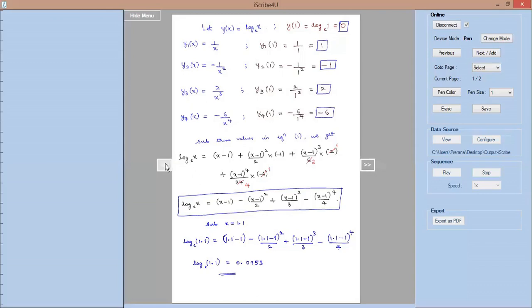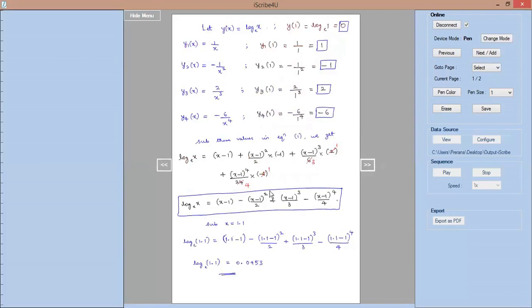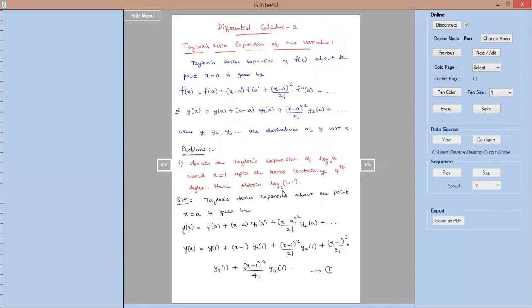So this is how we can obtain the Taylor series expansion of the given function f of x or log x, and up to what degree terms we are asked here. We were asked up to 4th degree term, and it was about the point x is equal to 1. And after evaluating the Taylor series expansion of log x, we had to take x is equal to 1.1 to obtain log of 1.1 to the base e.